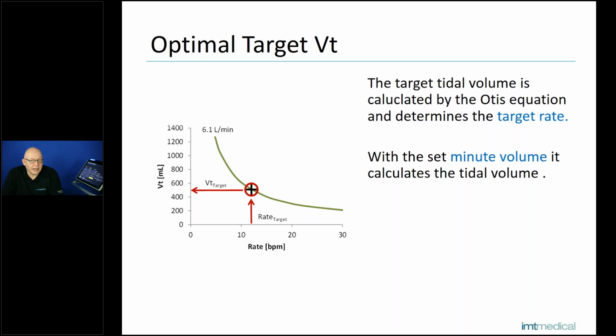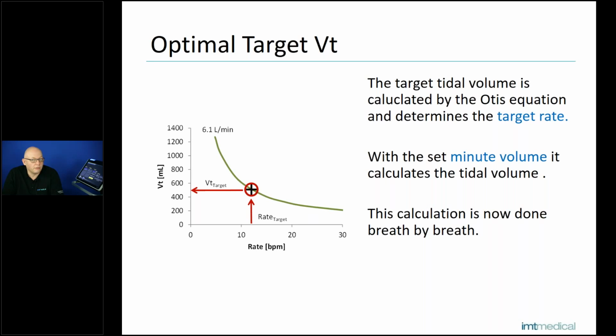And this is changing breath by breath. This is the highest goal of the AVM, just looking for the optimal target with the set minute volume the user has chosen. Breath by breath, you don't have to care about what would be the optimal rate or the optimal tidal volume for this patient, because AVM and the Otis equation are doing this for you.